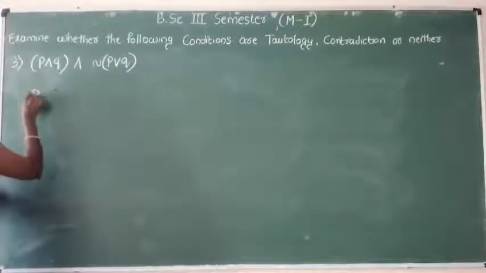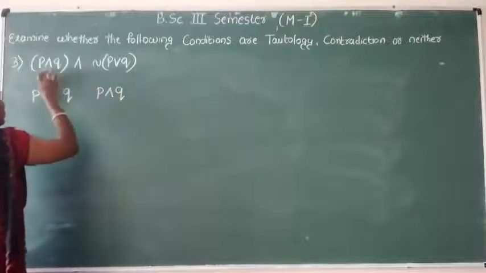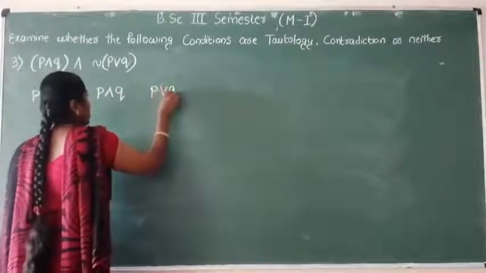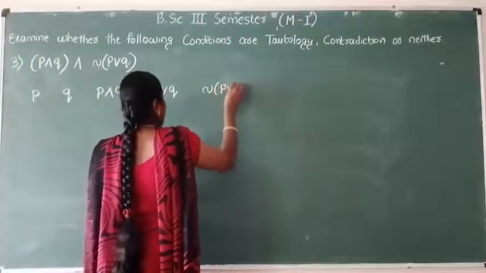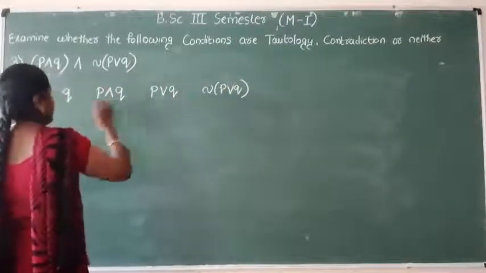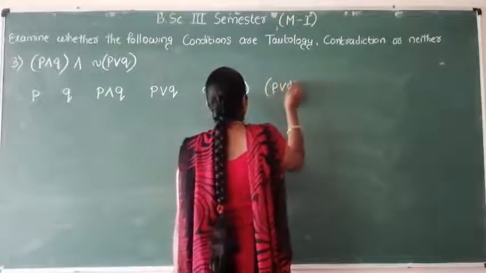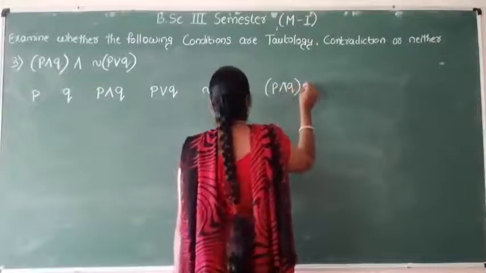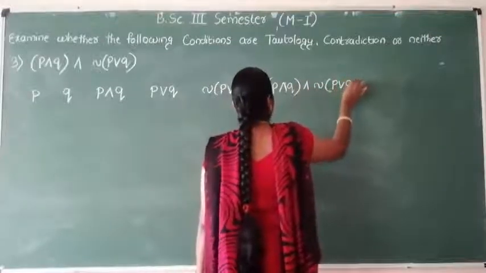So consider P, Q, P and Q. Next P or Q. This is the negation, negation of P or Q. After that combine these two terms, this one and this one. That is P and Q and negation of P or Q.